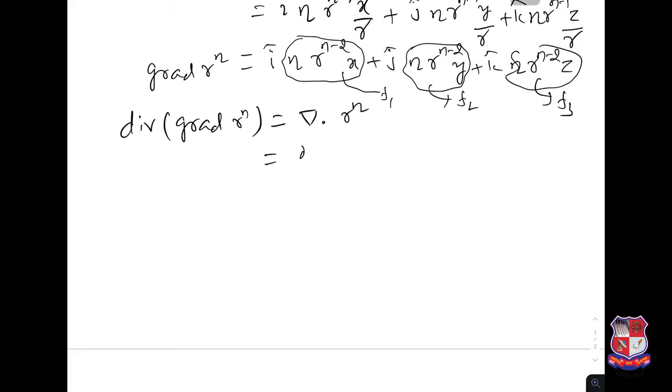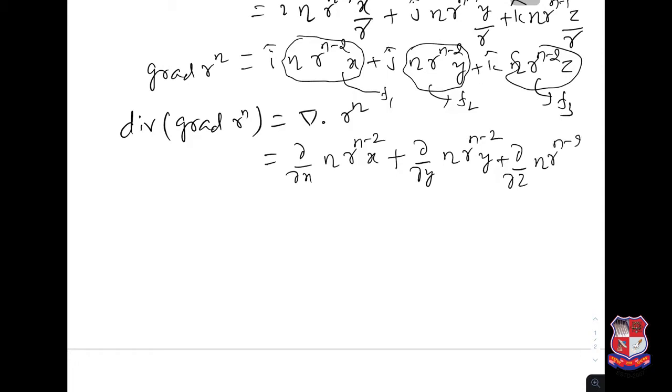So the derivative of the first component with respect to x. So del by del x of n r power n minus 2 into x plus, please do remember there is no ijk when you are writing divergence, it's a dot product, plus del by del y of n r power n minus 2 y plus del by del z of n r power n minus 2 z.